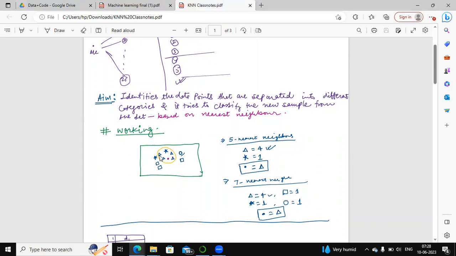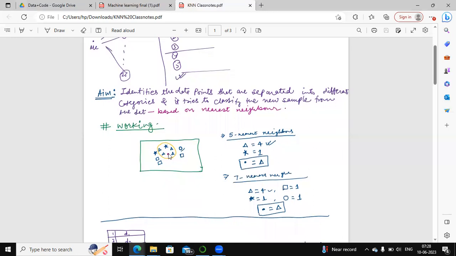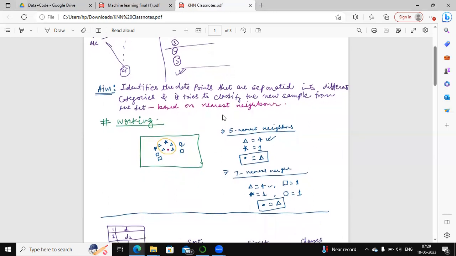We see the output class will be triangle because there are four triangles around the unknown point. This is like remembering the data points, their distances and their classes, and based on how many of those classes are present, the majority class is taken as your unknown point's class.